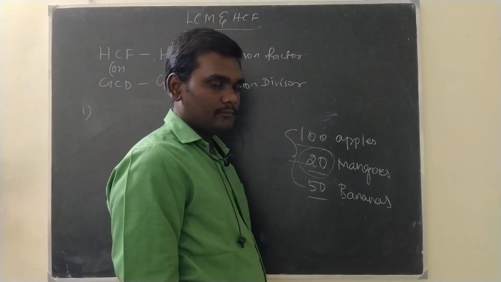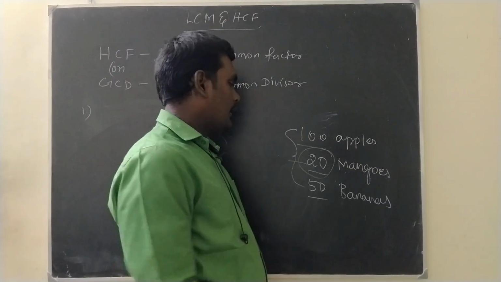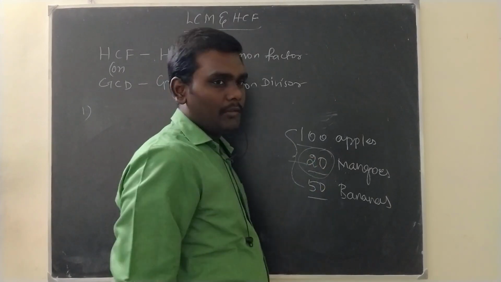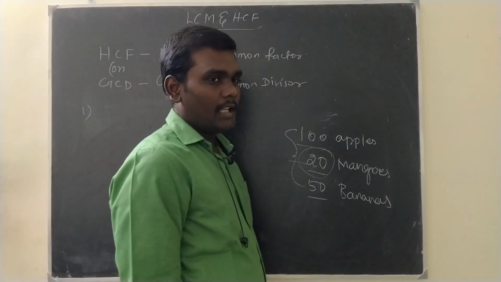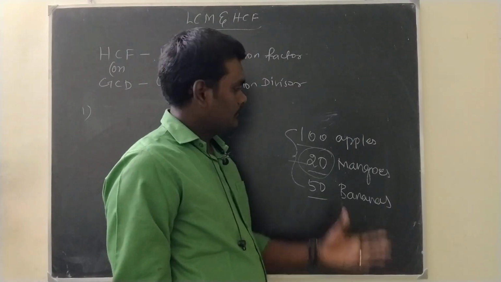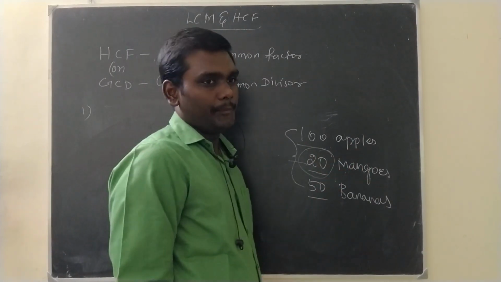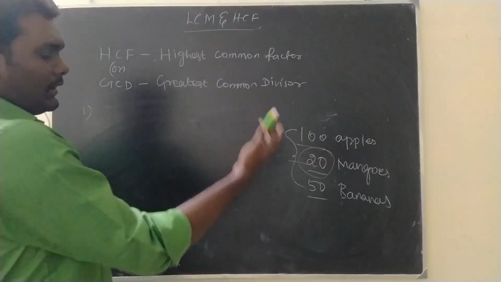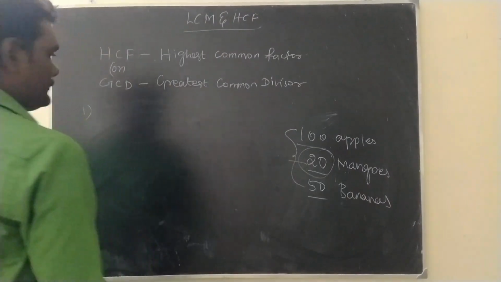That is all. So what is the HCF, highest common factor for this? Likewise, you have to calculate. Now, this example itself we will take. For these 3 numbers, we need to find the HCF.